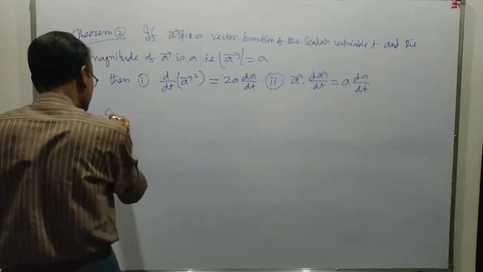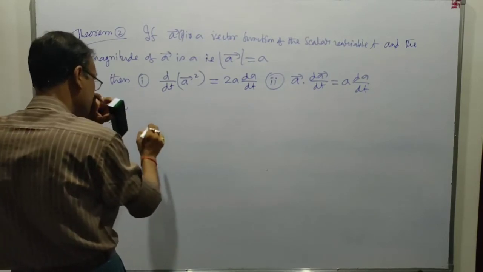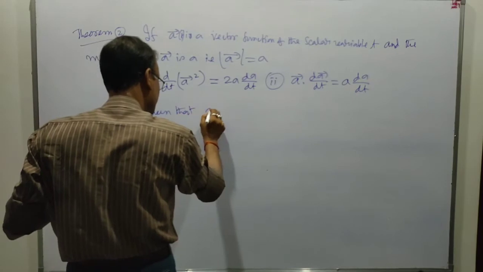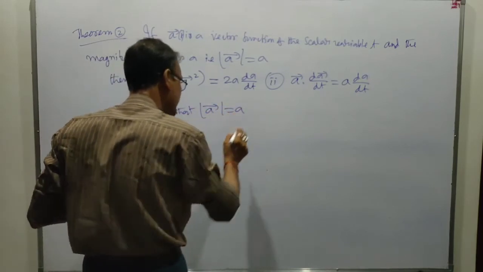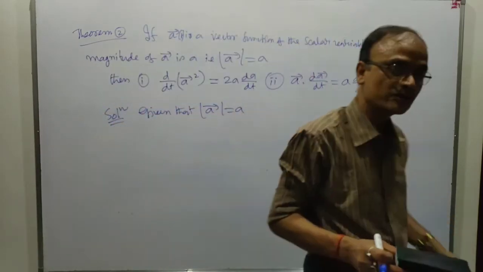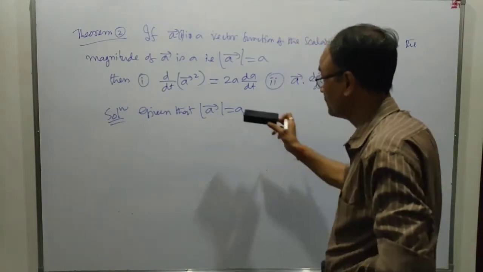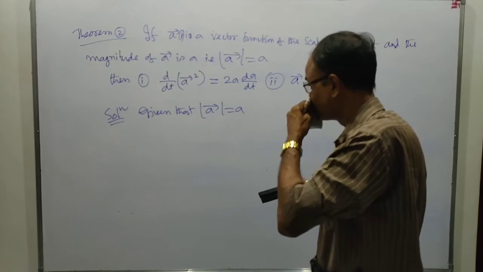Now, solution. Given that the magnitude of the vector is equal to a. It is not given to be constant. The magnitude of the vector A is equal to a.